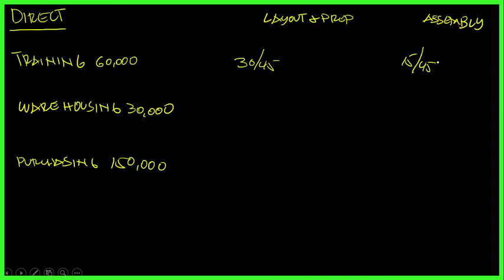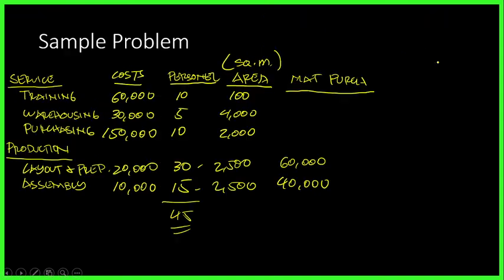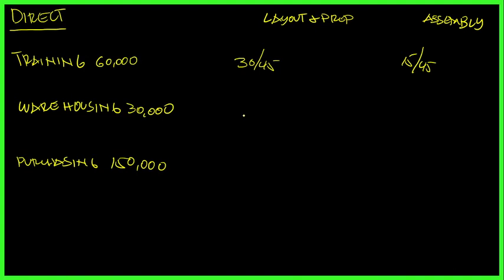Next, what about our warehouse? Warehouse cost will be allocated based on the area. So what is now the area for layout and assembly? It's 25 and 25 for a total of 50. So our allocation ratio now will be 25 over 50.